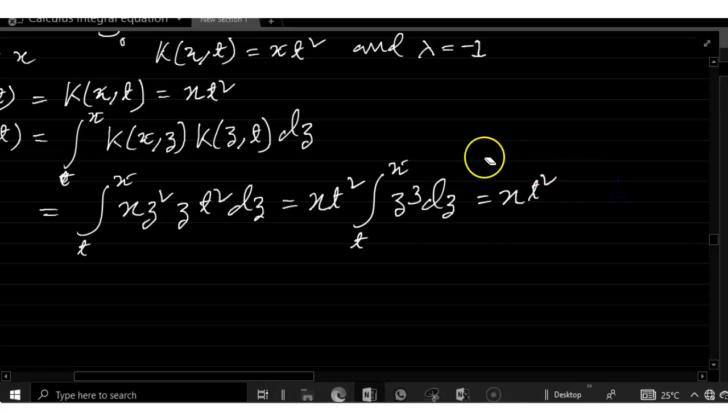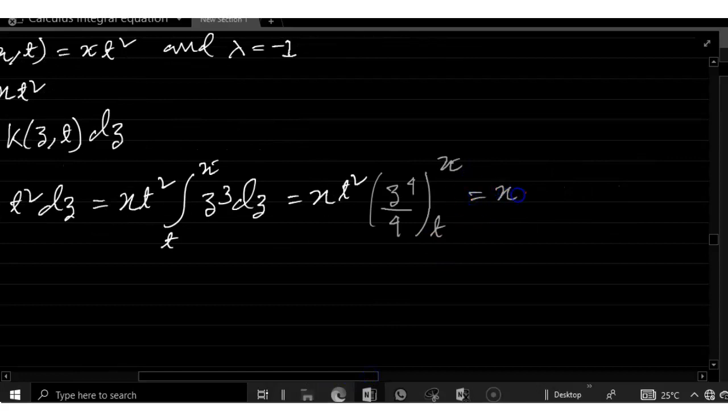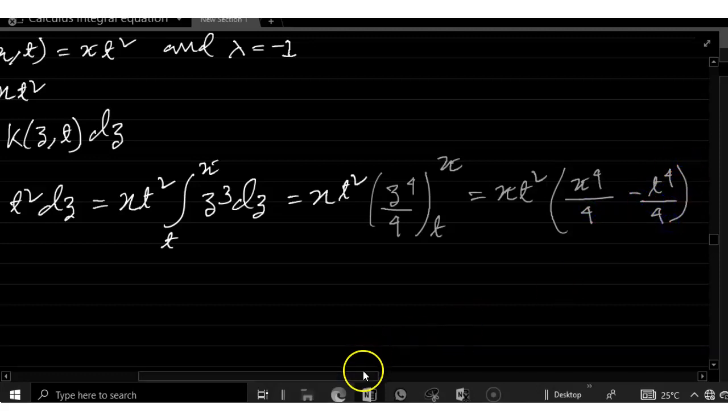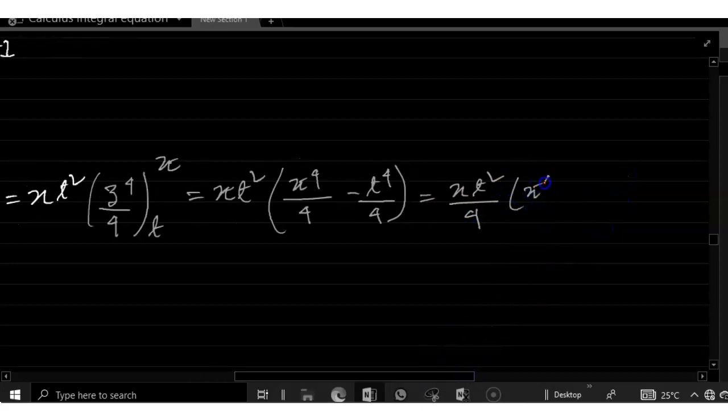It can be written z cube by dz, divided by 4, equal to x square x t square divided by 4 into x to the power 4 minus t to the power 4.